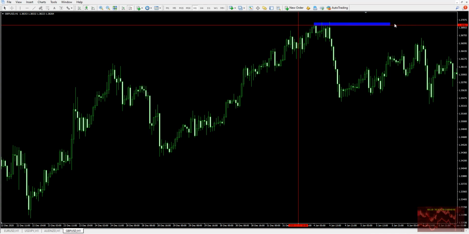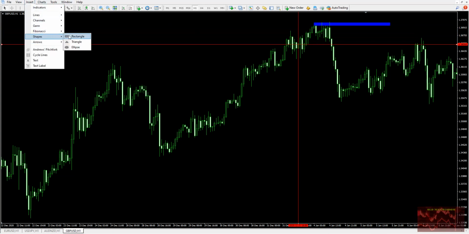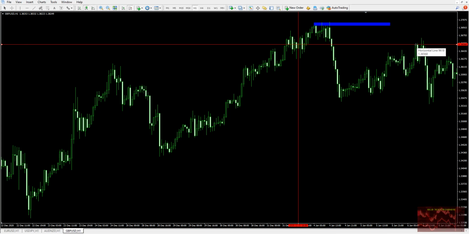We can maintain this level and say, well, if price isn't going to come back to here, we're just not interested. Or we can say, well, there's a lower high just here, a new area that we're interested in just here.